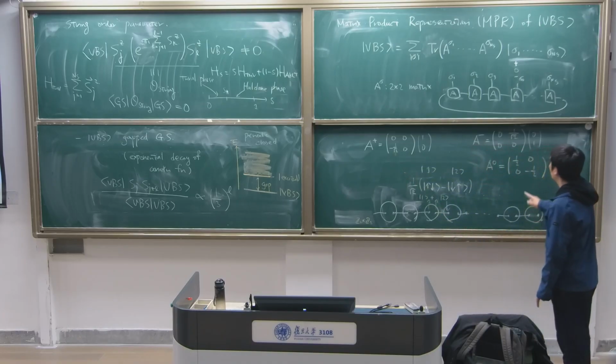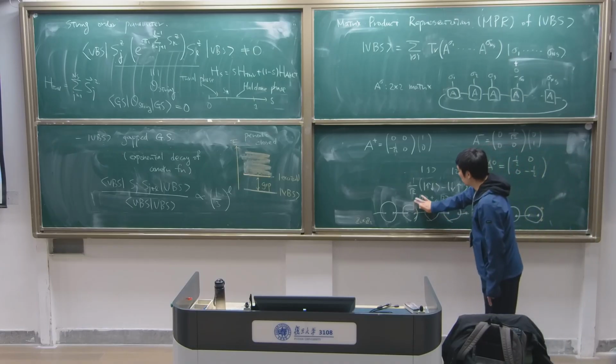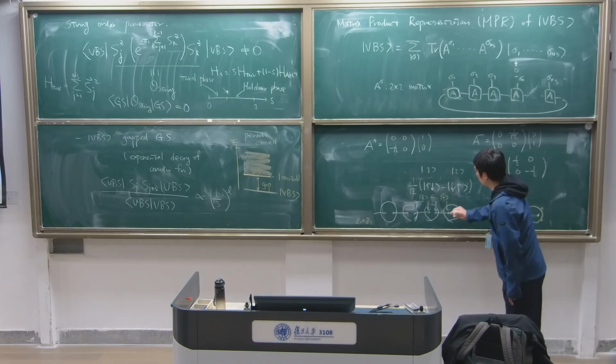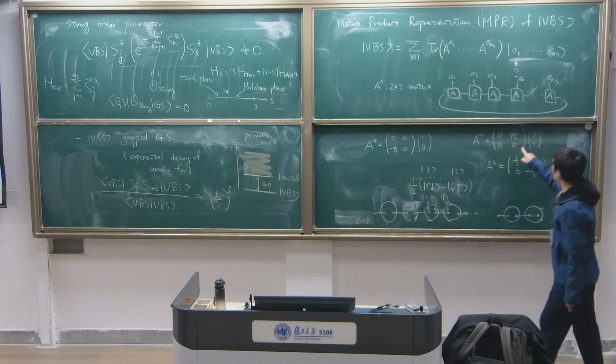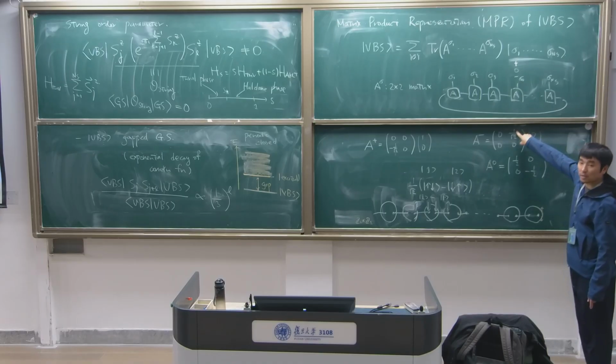On the other hand, if you have the opposite, this way is plus and this is spin down, this is two state. But if you have a minus here, you just go to one state by this. And that is moved from two states to one state, like this.